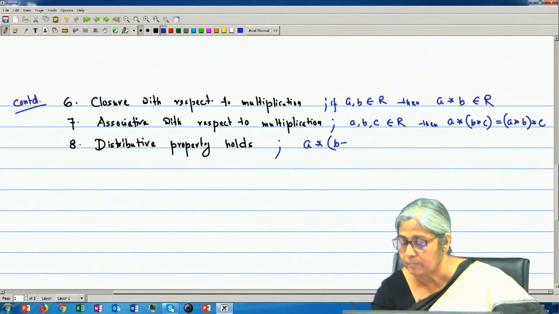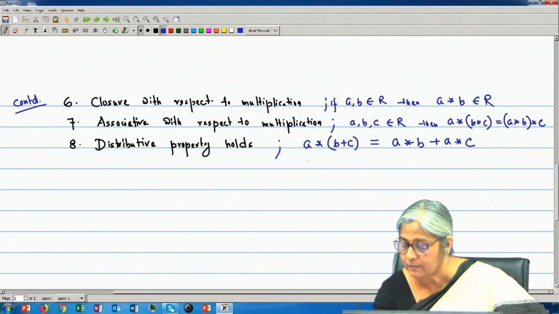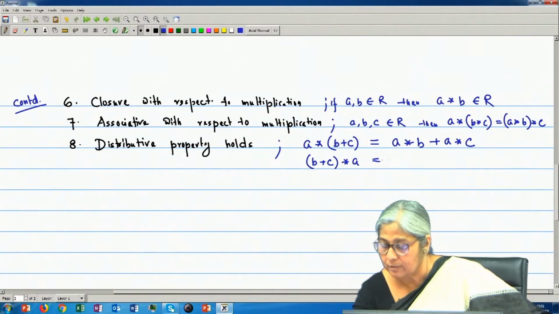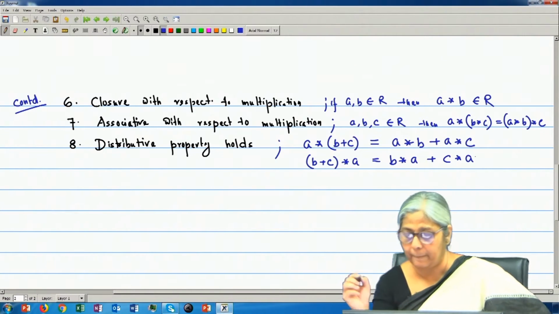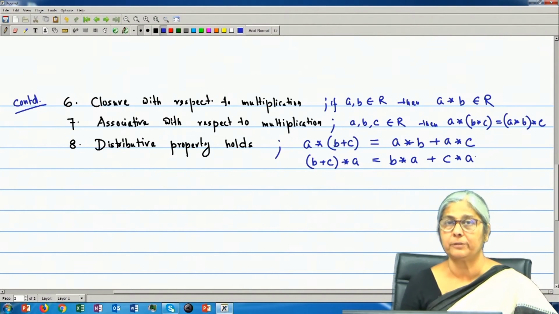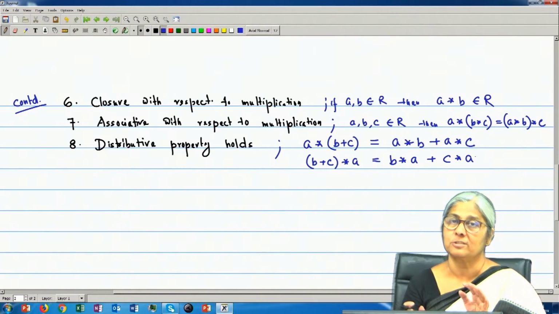So, A star (B plus C) equals A star B plus A star C, or I can write (B plus C) star A, since it is, okay, we write the two operations, equal to B star A plus C star A. So, these are the three additional properties over the additive commutative group that make an algebraic system a ring.